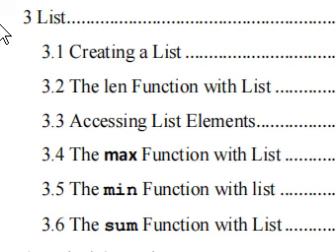A list is created using a list literal, which is a pair of square brackets including nothing in case of an empty list or any number of elements.